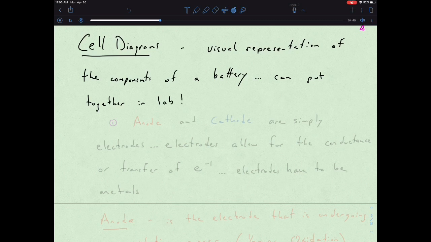So when we think about cell diagrams, we have to have a couple of different things. We have to have, one, our anode and our cathode. These are just different sites of reduction or actual oxidation.